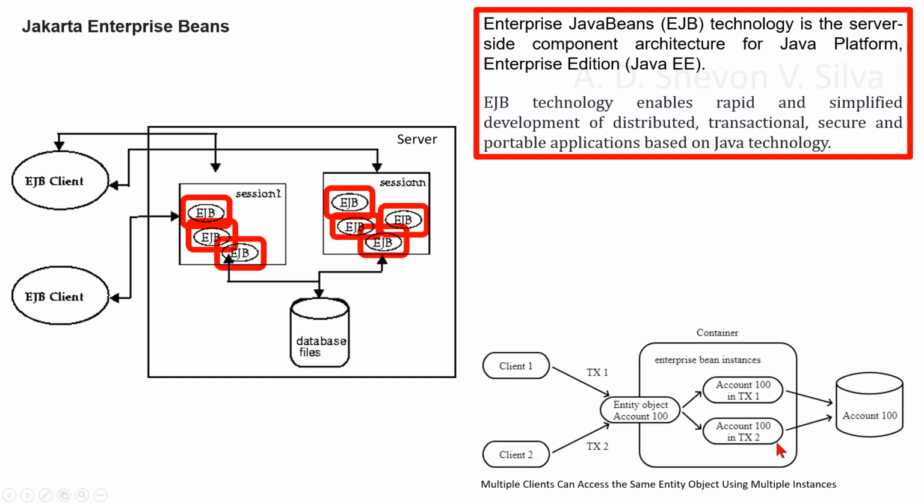Account 100 in tx2 is connected to account 100 in the database. So enterprise bean instances are in the container here. Here you can see multiple clients can access the same entity object using a single instance.